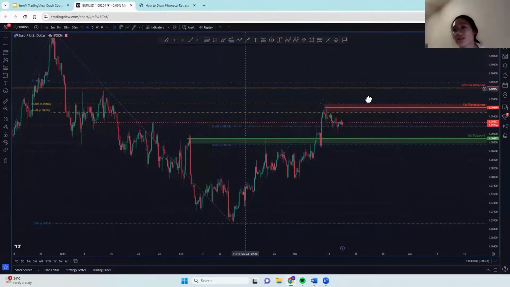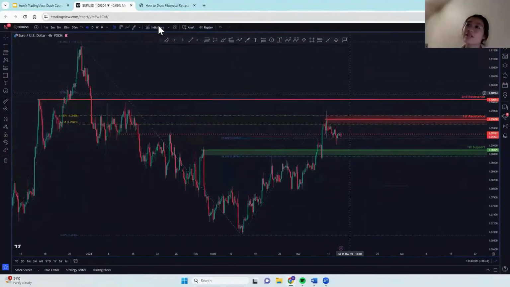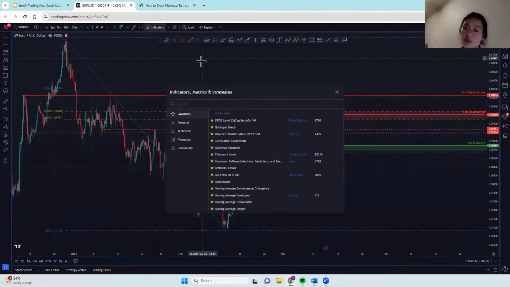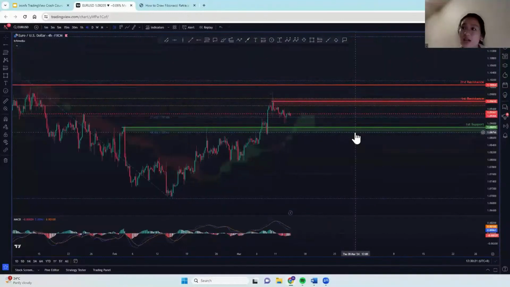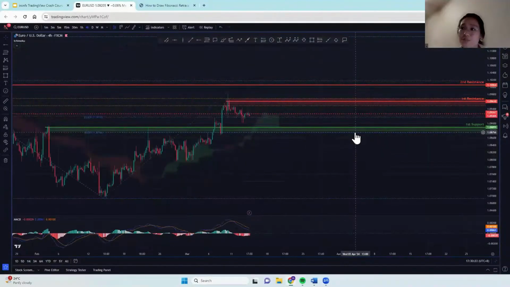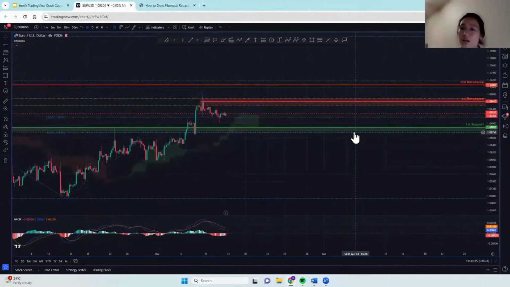Okay, so now the next step is to click on our indicators and look for indicators that support our analysis. So starting off with Ichimoku and MACD, because at one glance you can see exactly what the signals are.